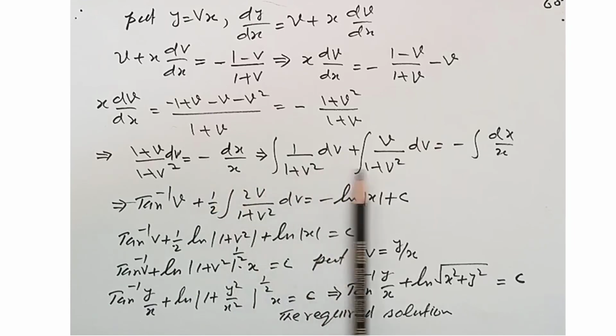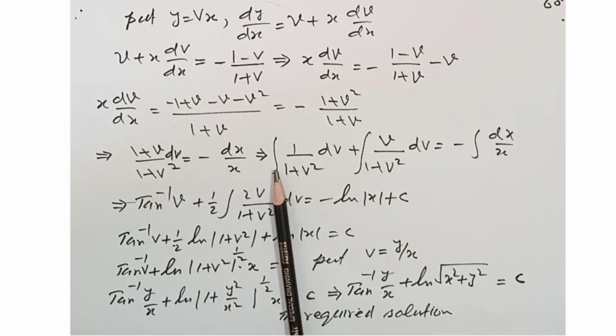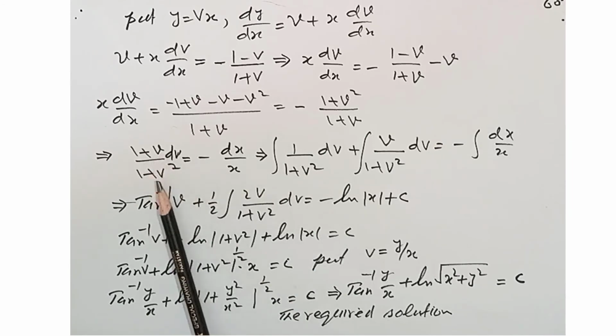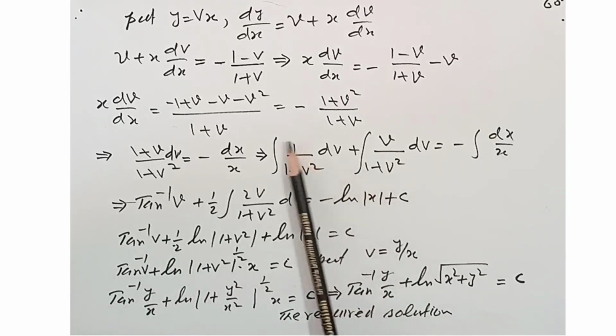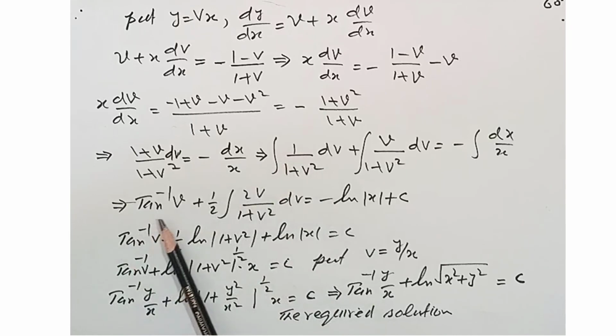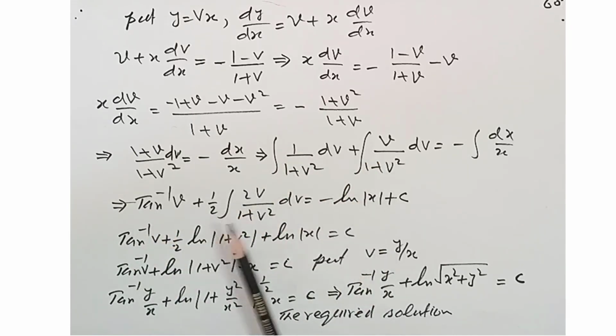So we take the integral both sides. Integral of 1 by (1 plus v square) dv, plus integral of v over (1 plus v square) dv equal to minus dx over x. The integral of this is the formula of tan inverse v, and this, by multiplying and dividing by 2, is function and this is derivative.